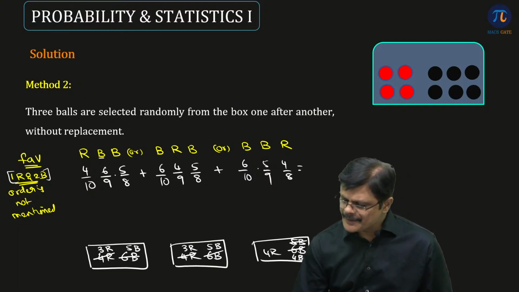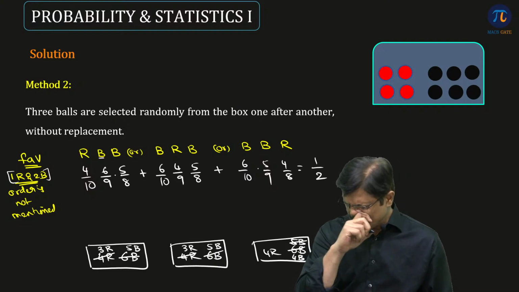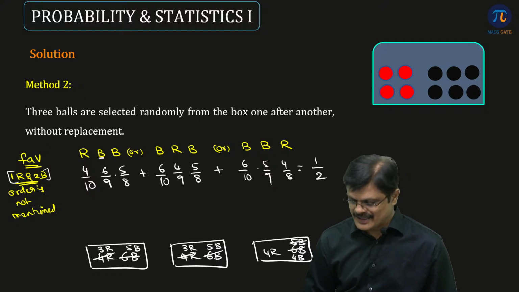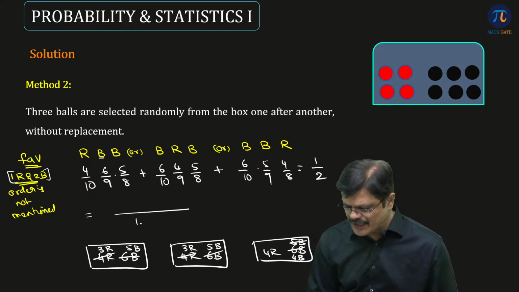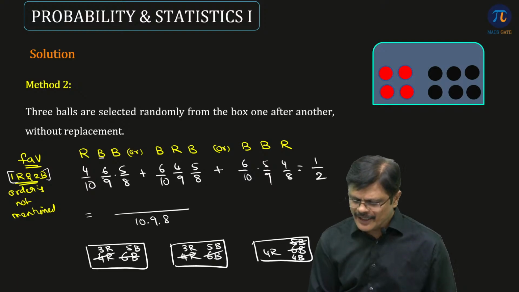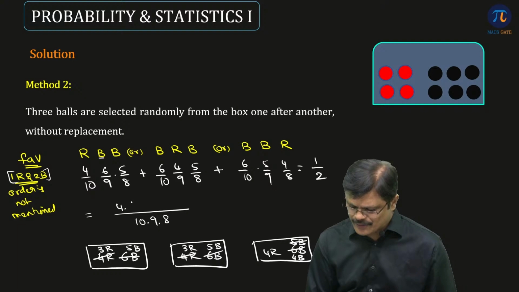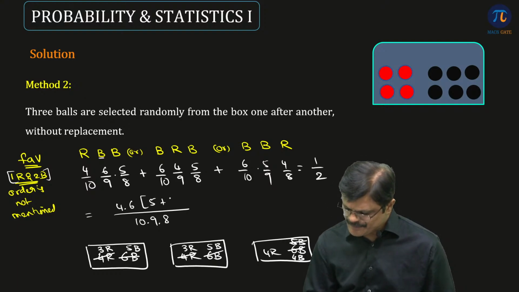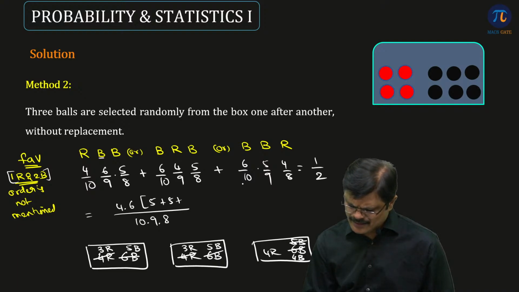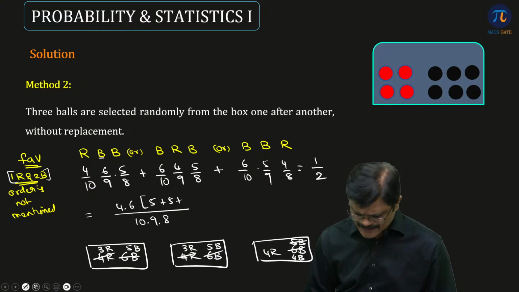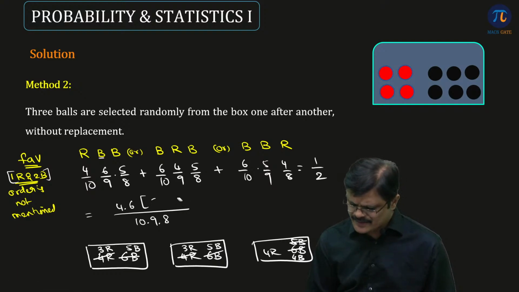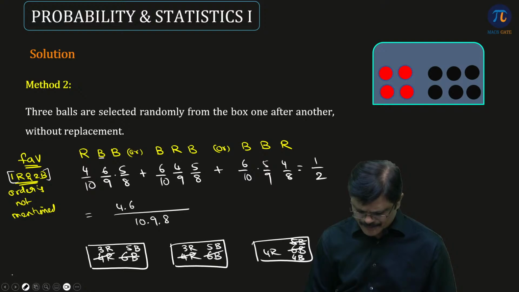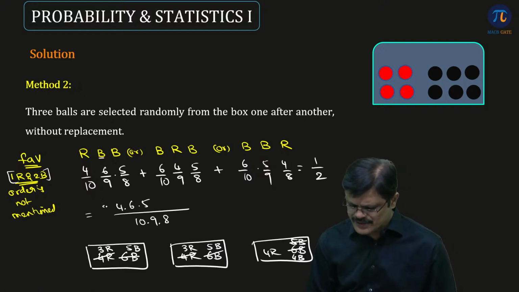If you simplify, you can check your answer, my dear friend. It is exactly 1 by 2. The denominator is 10 into 9 into 8. In the numerator, 4 into 6 into 5 is common in all three, so you can take it common. It is 3 times 4 into 6 into 5.